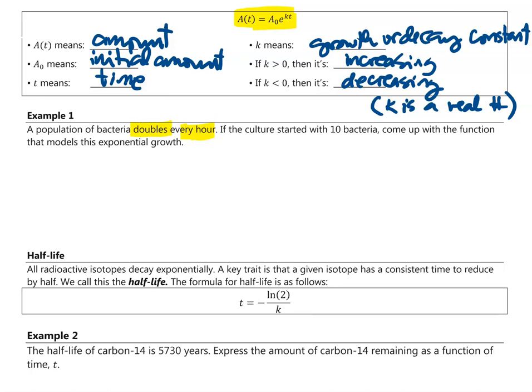So every hour, meaning t is equal to 1 here, and if we have, let's say, a table t and A of t, at the beginning it started at 10, and then after the first hour it doubles, so it's going to be 20. Second hour, that's going to be 40. The third, it doubles, so it's going to be 80.